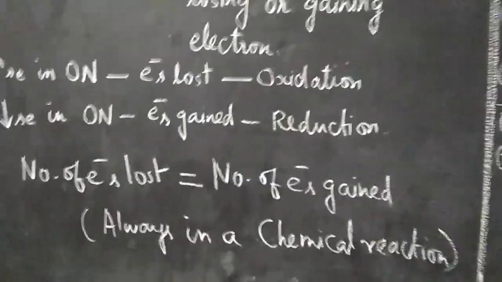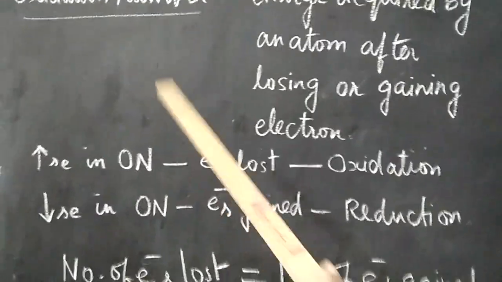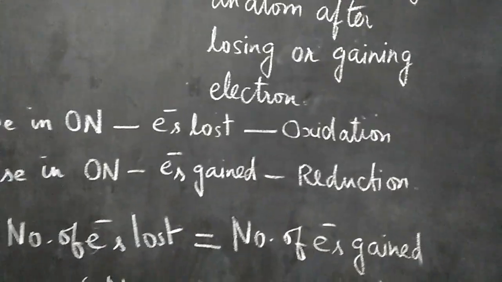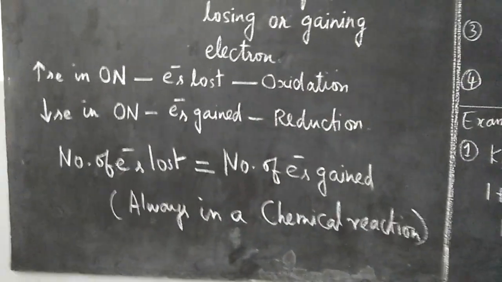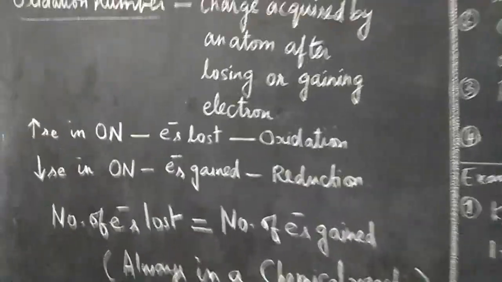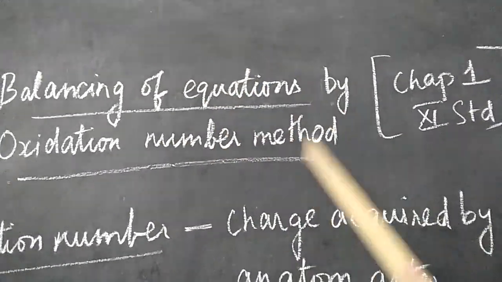Okay. So now we have learned the basics of oxidation number and redox reaction. What will happen to the oxidation number value during a redox reaction? The basics we have learned. Now we are going to proceed with the balancing of equations by oxidation number method.